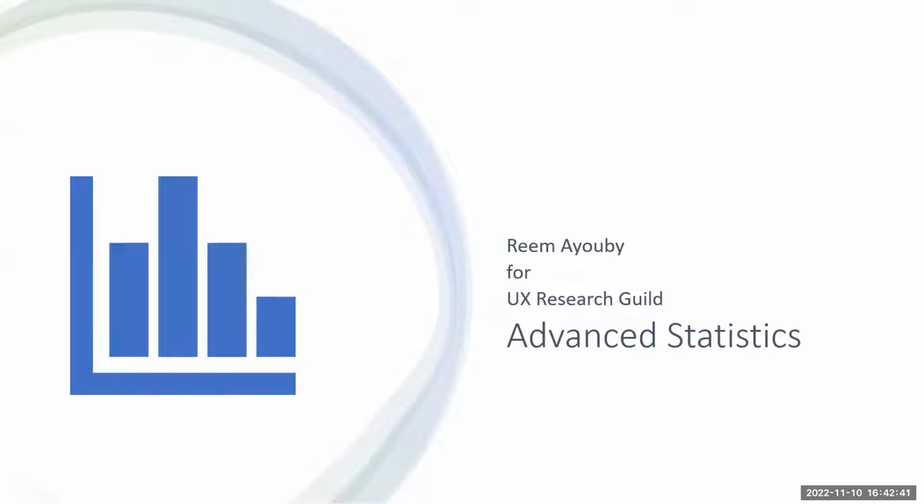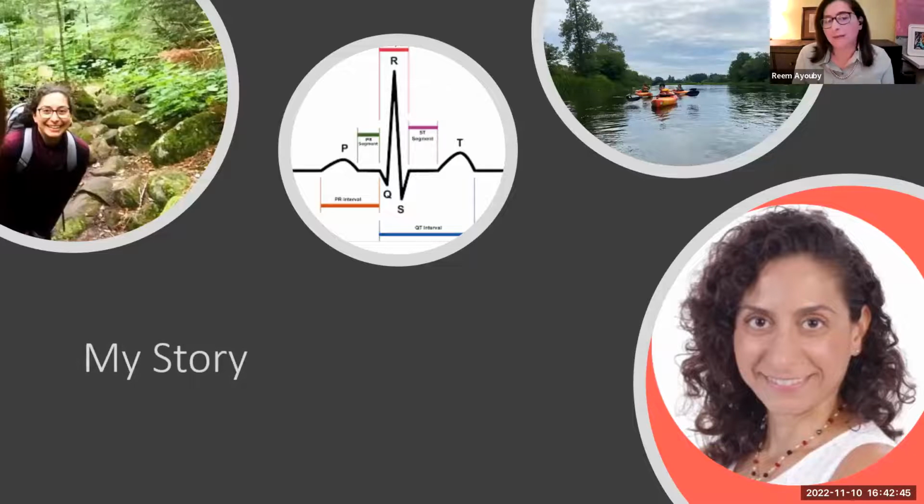Okay, great. Thank you. So today I'll be talking about advanced statistics, and I got into this basically because after working in industry for a few years as a Java developer and a database administrator, I got a chance to teach Java, and I really enjoyed that. So I went back to school and started my master's, and really enjoyed the research.